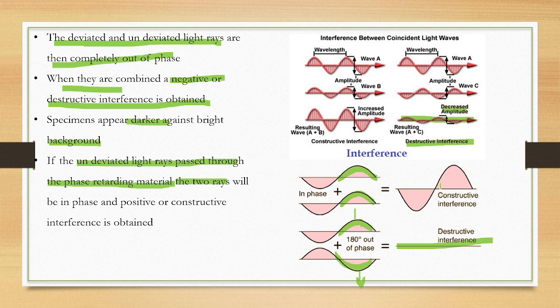This is called constructive interference. The amplitude brightness is increased here. When constructive interference occurs, the specimen appears brighter against the darker background. So you get two images: a darker image against a bright background, or a brighter image against a dark background.